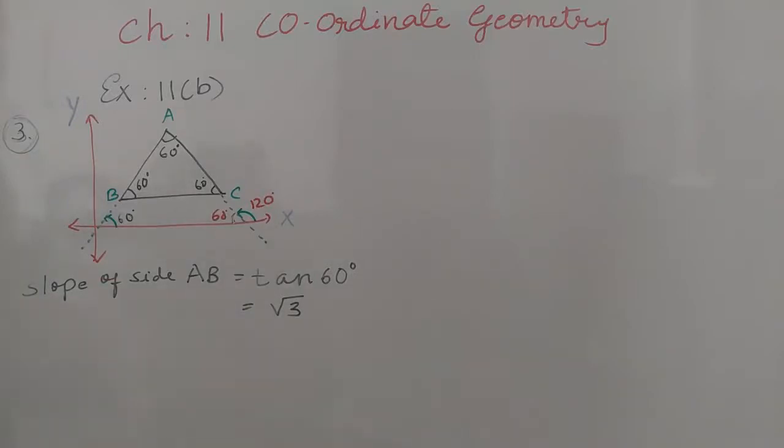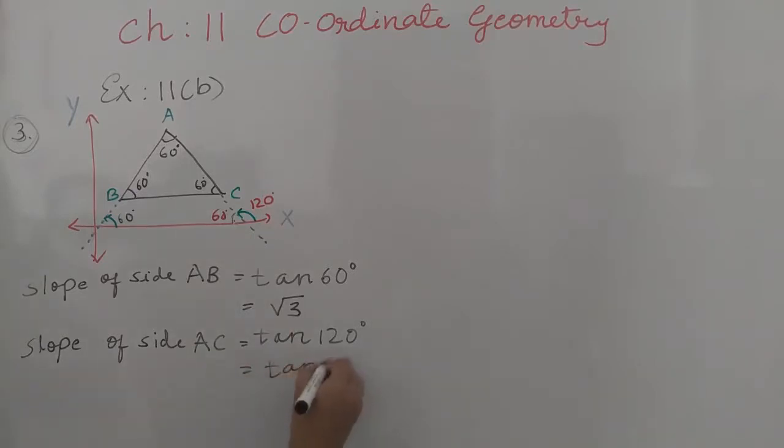So now I am writing slope of side AC, that is tan 120 degree according to angle given. But tan 120 degree, that is obtuse angle, so we can write tan 90 plus 30. Always in relation with 90 we can write this angle, which is minus cot 30.